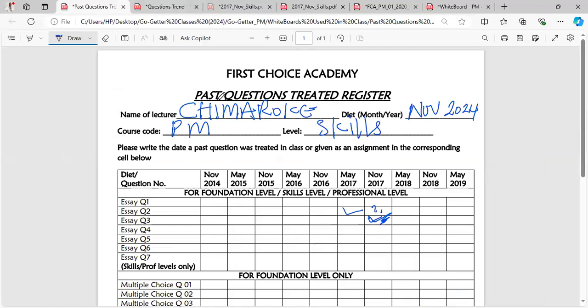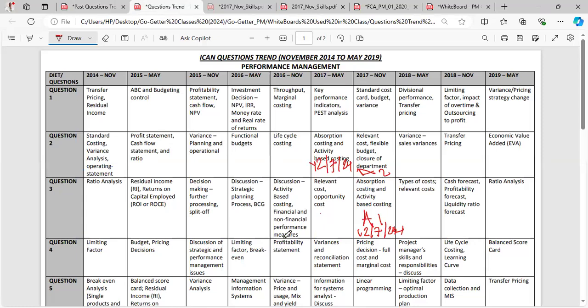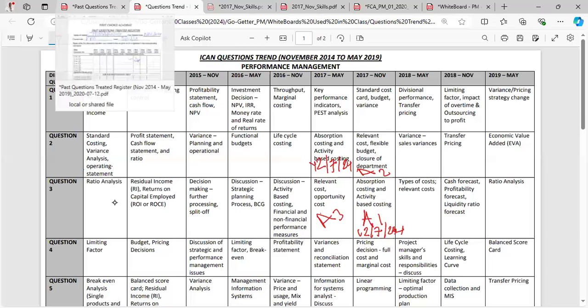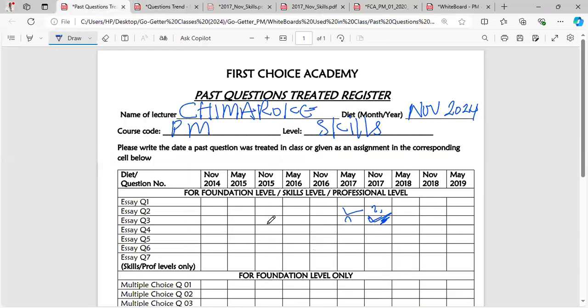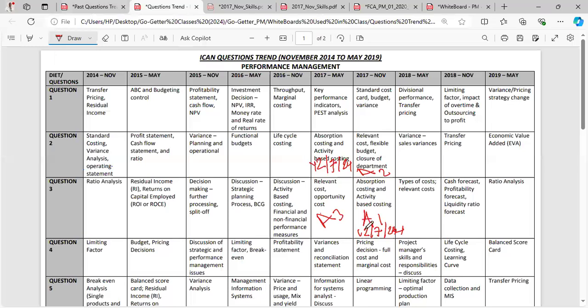It's another assignment for you. Let's see if we can get another relevant cost. Assignment number 3 is May 2017, question 3. Let's see if you can get more relevant costs.